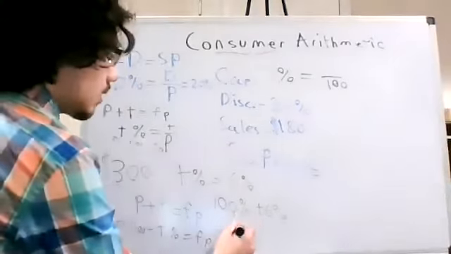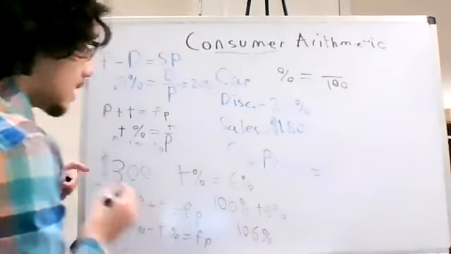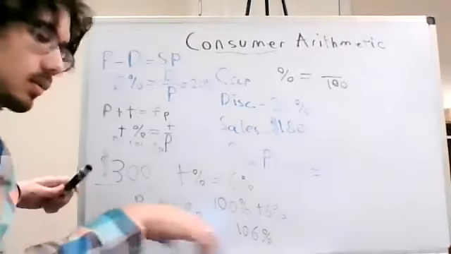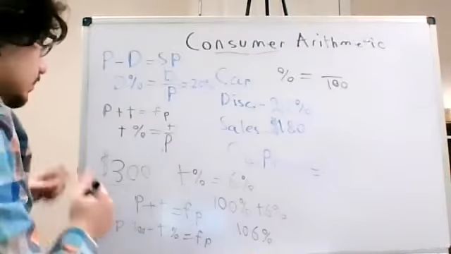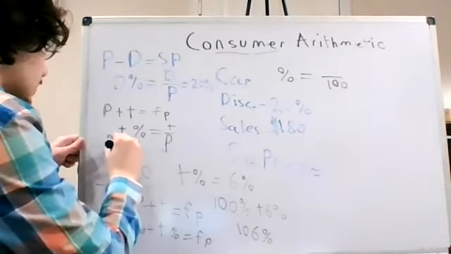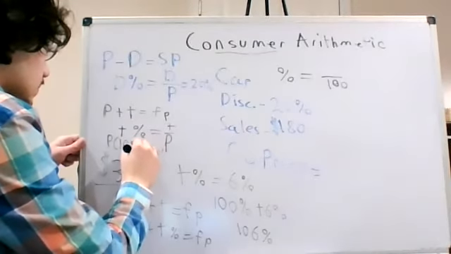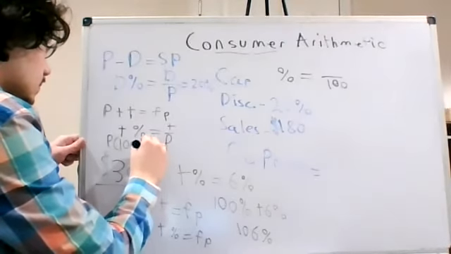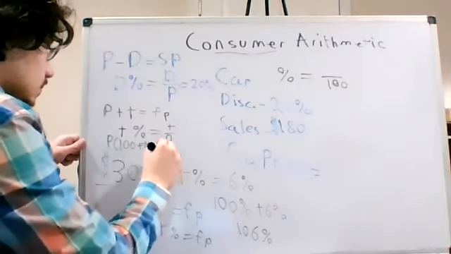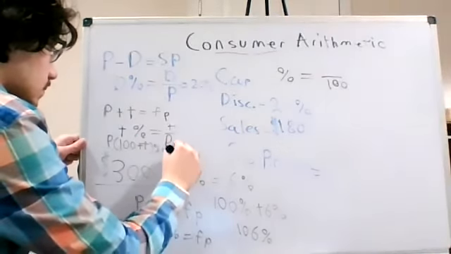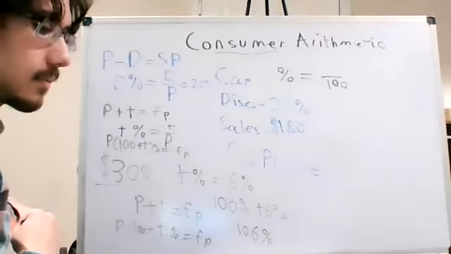Correct. So 106%. What is 106% in decimal? 1.06.